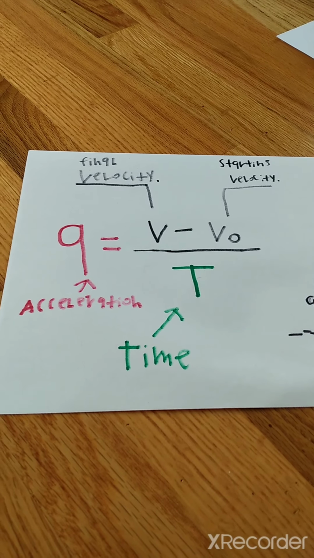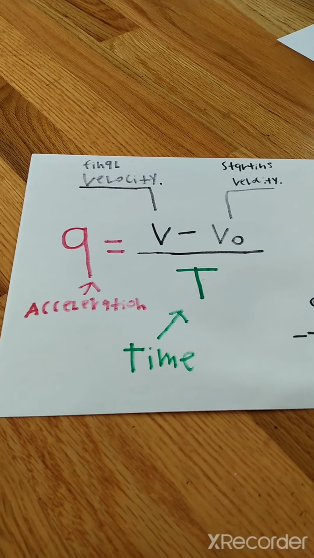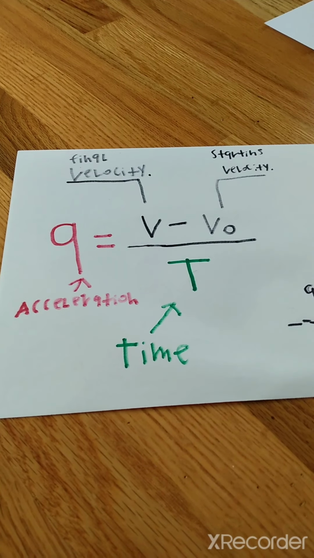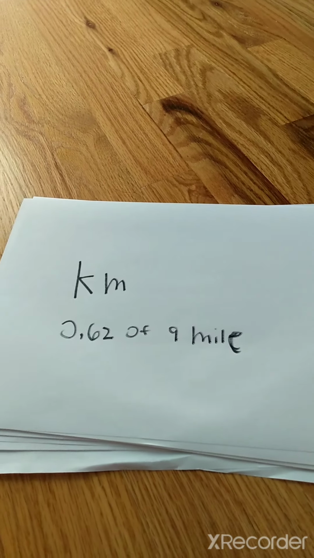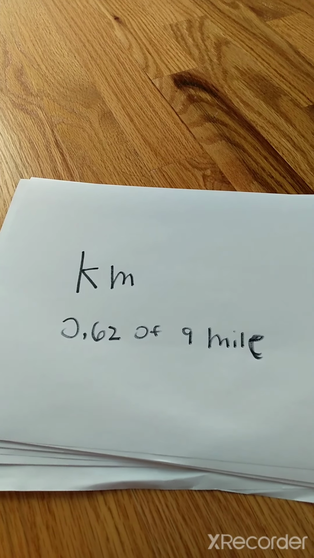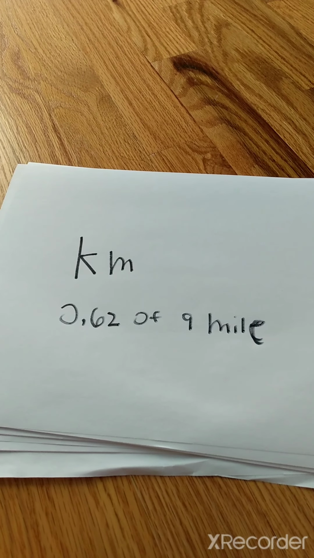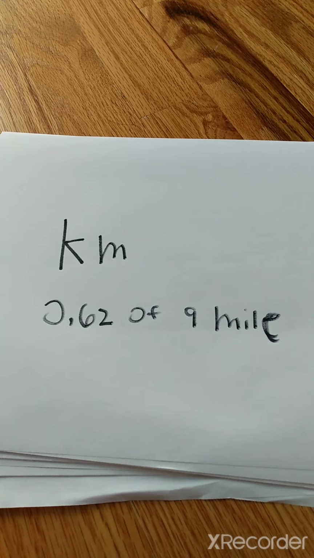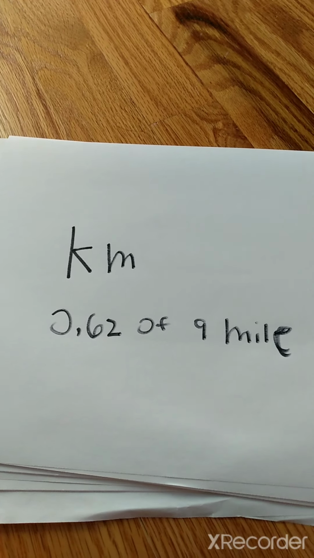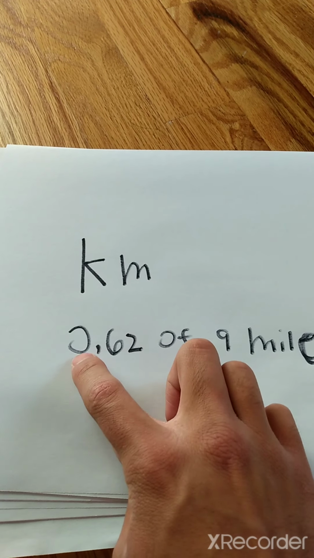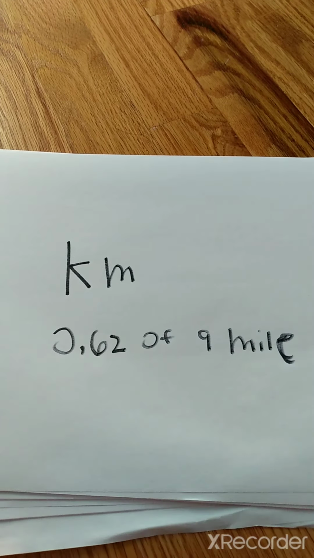Let's use the formula to find the Shinkansen's acceleration. Oh, and we're going to use kilometers in case you're watching this worldwide. If you're watching in the USA, remember, a kilometer is 0.62 of a mile.